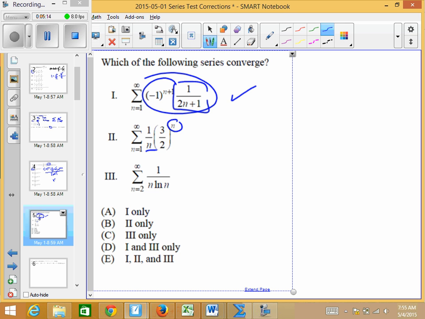We have a backup plan for those. The ratio test says if you get a limit less than 1, the series converges, and if it's greater than 1, it diverges.